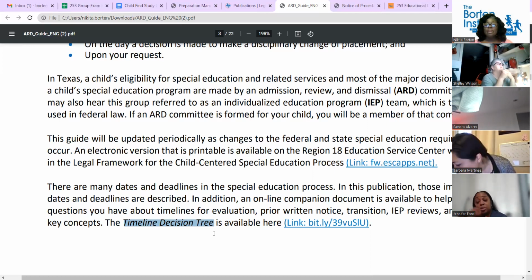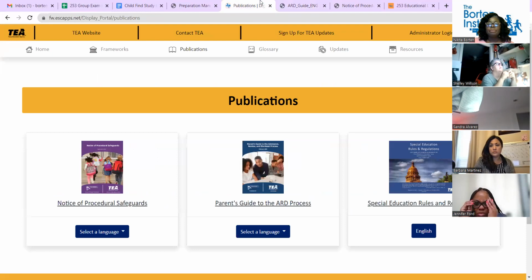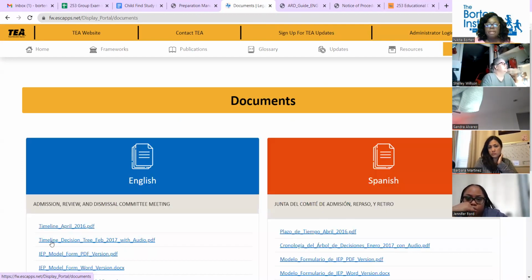You have got to read this document front to cover. I'm going to show you where it is when you go to this legal framework and you come over here to documents, timeline decision tree.